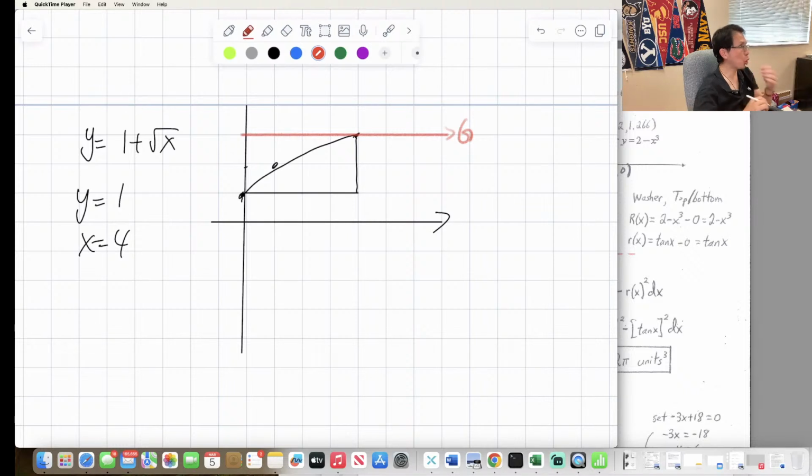Remember, you draw a line from the axis of rotation to the bounded graph. If you hit 2 lines, you get a washer. 1 line is a disk. Omar, can you tell me, is this dy or dx, disk or washer, and the boundary? What would it be? It's a washer. Is that dx? dy.